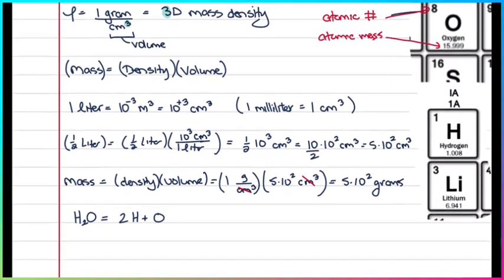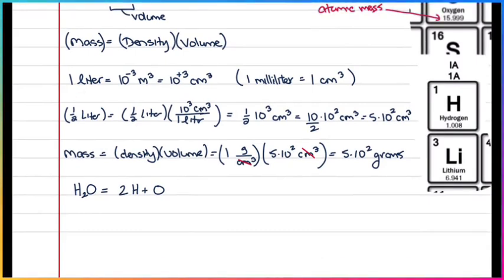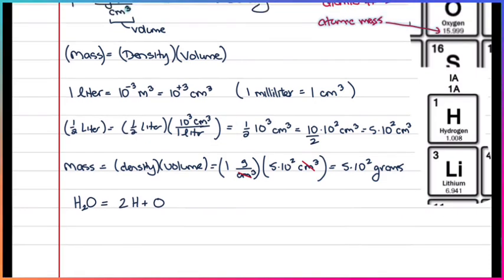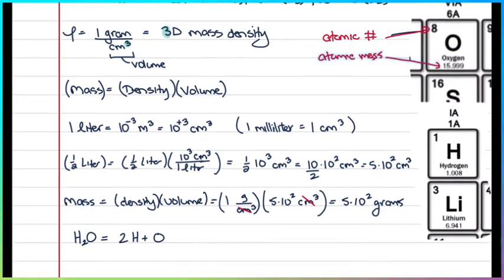So they, of course, like to use the mole as a way of quantifying these things. So what the atomic mass is telling us is how many grams per mole of that atom there is.